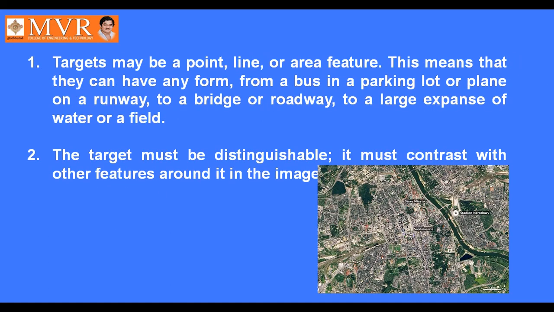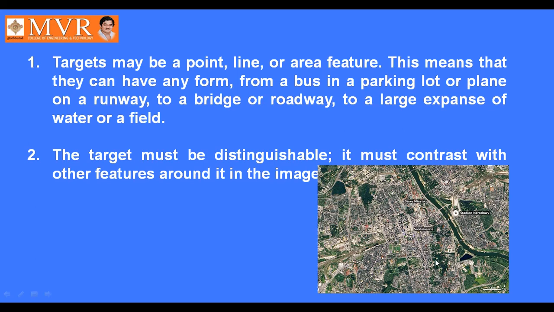See here, so many features appear: road network, railway network, buildings, trees, forest, river network, water body, streets, small huts.